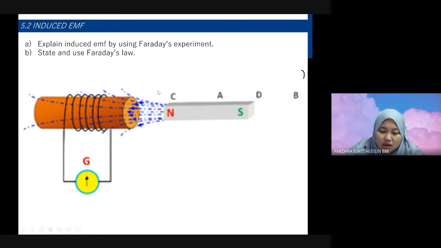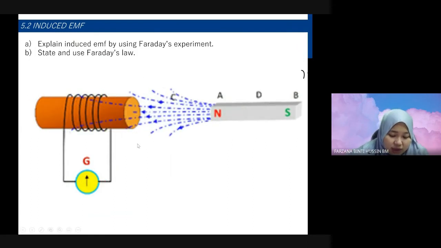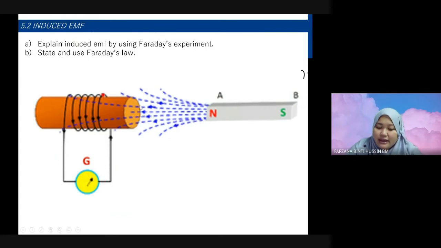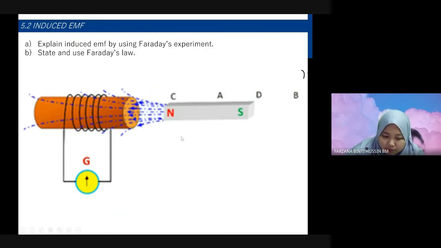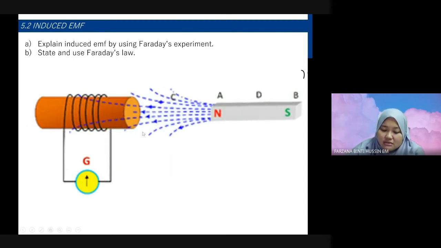So that means when there is relative change, when there is movement of a magnetic field across a plane, then you produce magnetic flux, right? But now the magnetic flux you produce changes when there is movement.